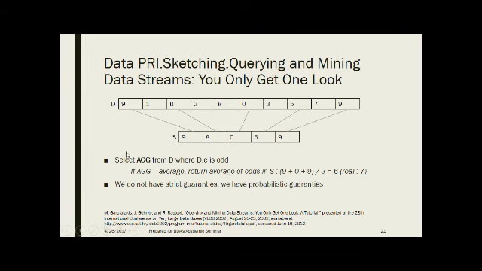So for example, we have a statement, select some aggregate from D where D is odd. If we want to take some average, we take this subsample of our data and count some average, and then we get some representation. So we got 6, but in reality it was 7.